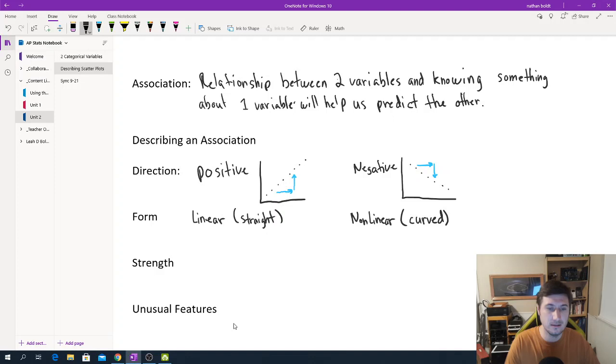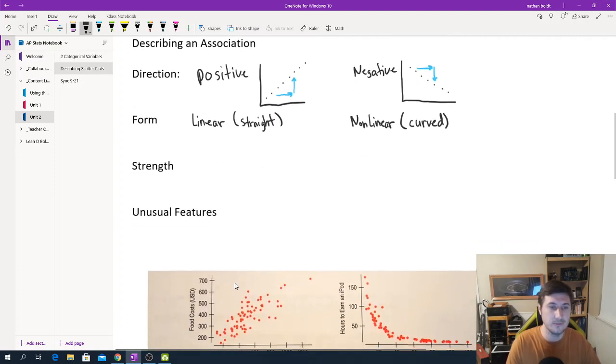All right, strength. There we go. Strength. So just now, if it is linear or curved, how strong is the pattern? And so here we're looking just on a continuum from strong all the way to weak.